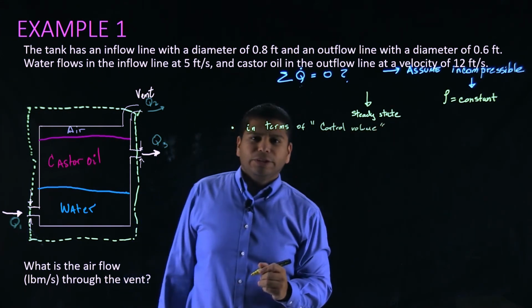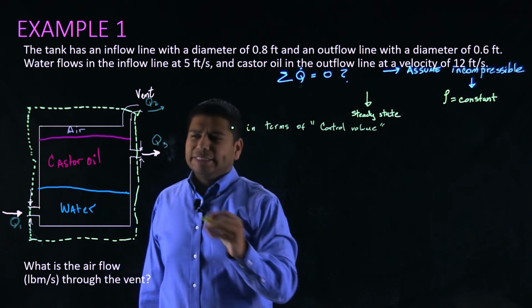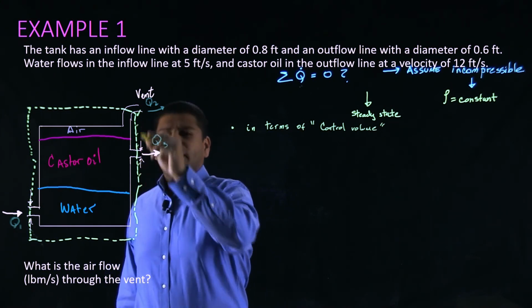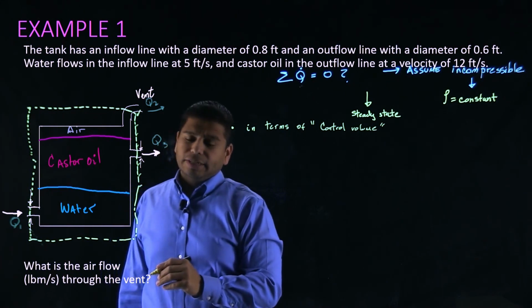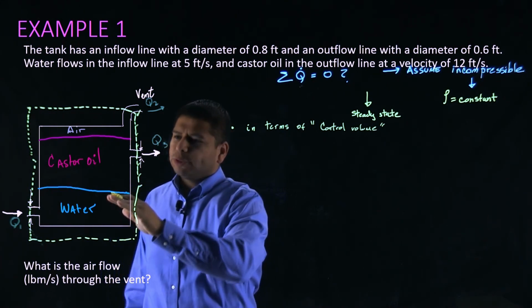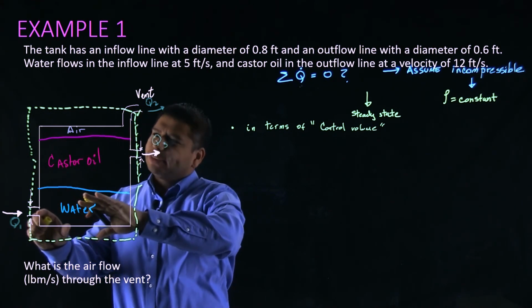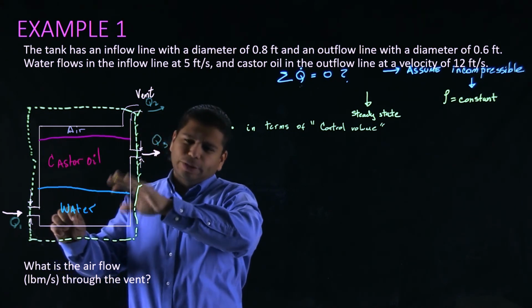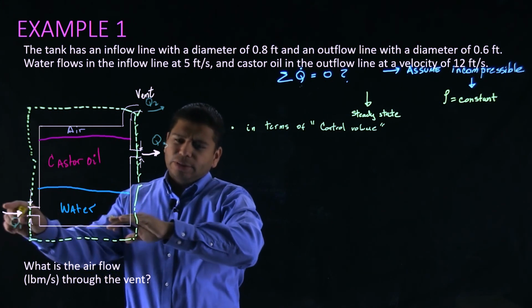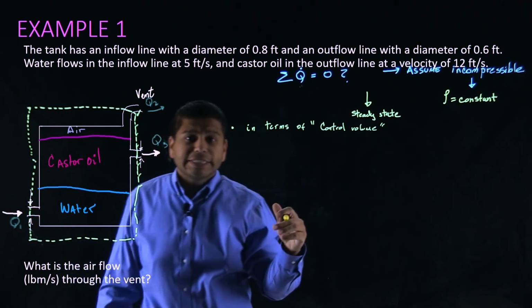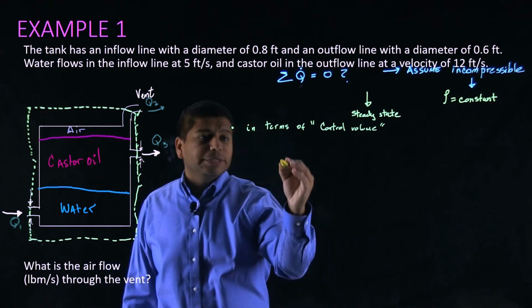The control volume means that you select this surface right here. If all of these fluids are incompressible, the density overall in the system has to be the same. Nothing is going to be compressed. So what comes in will equal whatever is going out of the control volume itself.